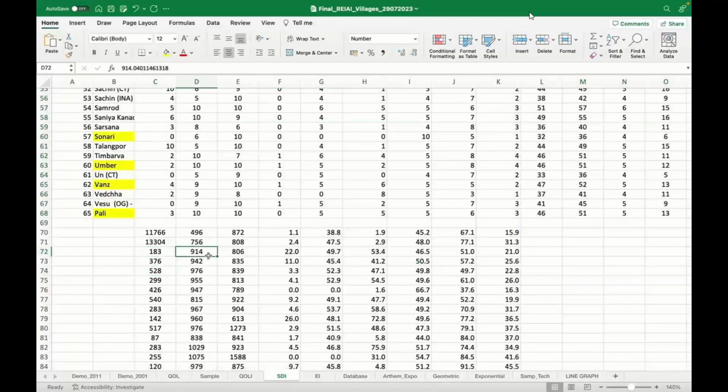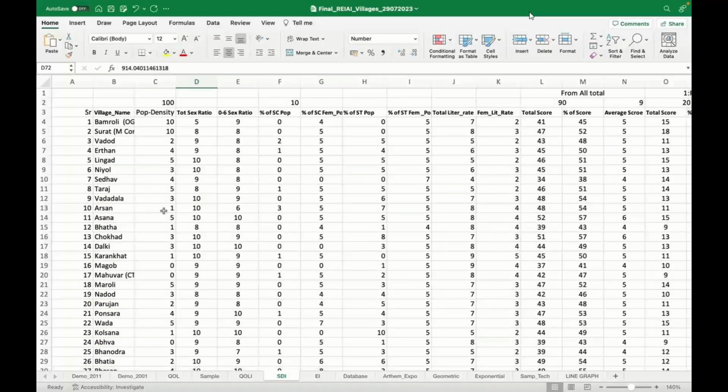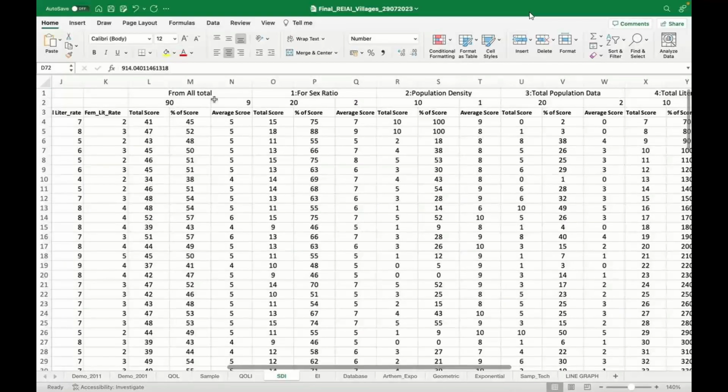183, 183, right? So ये exercise थोड़ा tedious है, but it is easy. So I have taken population density, sex ratio, percentage of SC, percentage of female SC, percentage of ST, percentage of female ST population, right? Similarly, total literacy rate, female literacy rate. And again, I have classified into 5 groups.